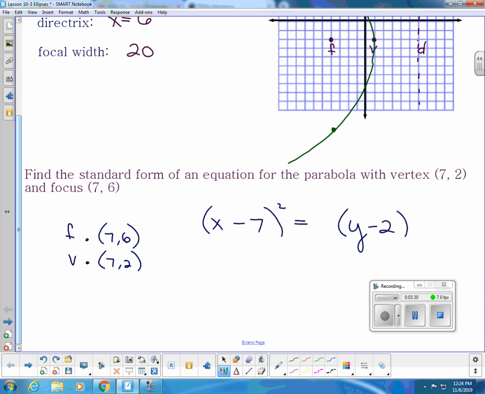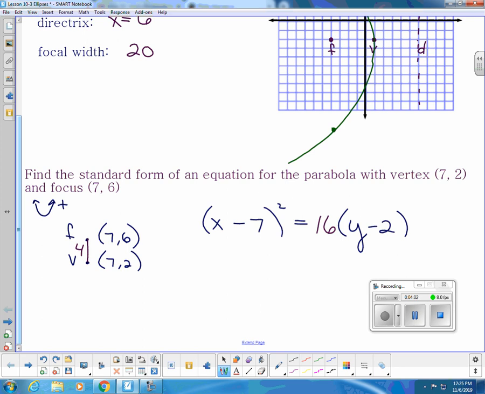And all I need to find is that 4p value. Is it going to be positive or negative? Since I'm opening up, it's going to be positive. And what's p? How far apart are these guys? 4 units, right? The 6 and the 2. So 4 times 4 is 16. Okay, so that's yesterday. You should be able to do all of that.